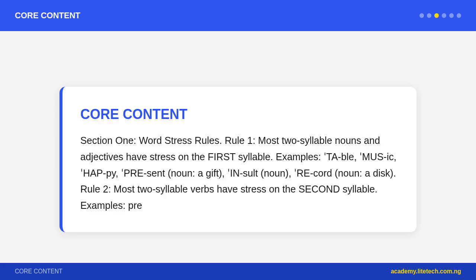Rule 3. Words ending in -tion, -sion, -ic, -ical, -ity usually have stress on the syllable immediately before the suffix. Let me be more precise.